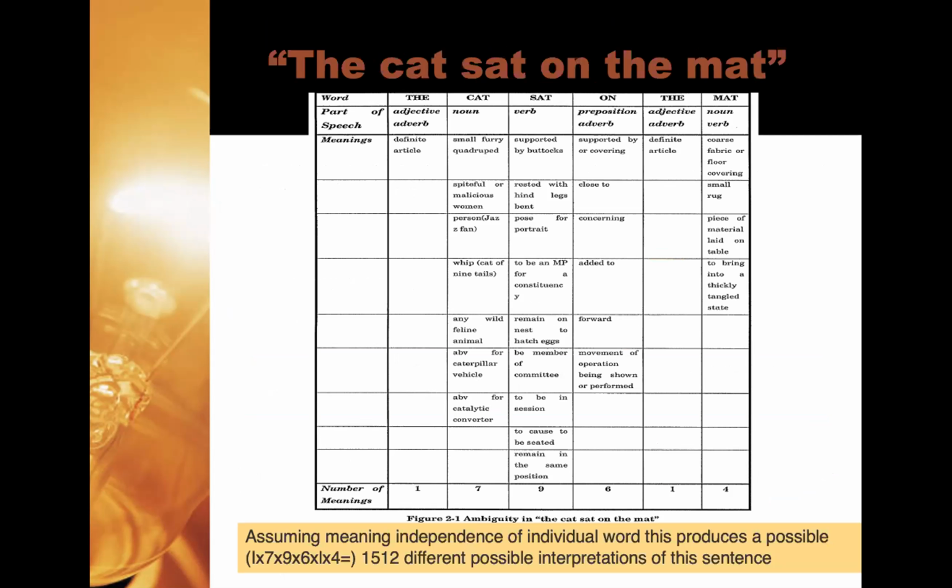All right, I'm hoping that you can see, it's not too small. So again, just more examples, the cat sat on the mat. And this is a breakdown into different parts of speech for each of the words in the sentence. And the whole point is that there can be possibly 1,512 different possible interpretations of this sentence.